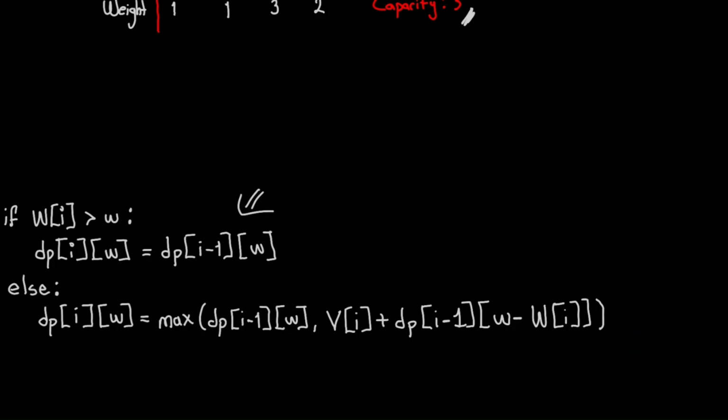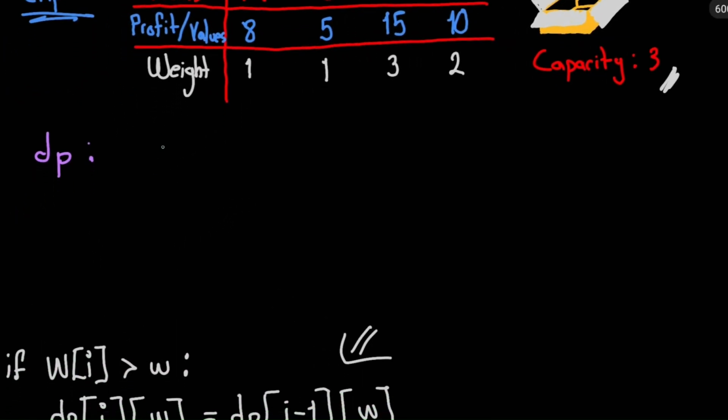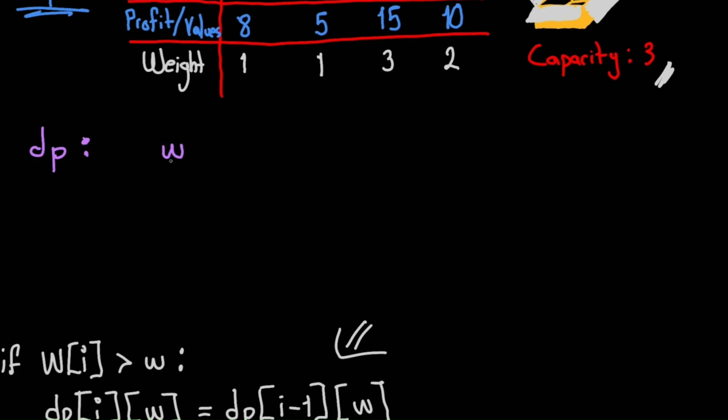So let's start then. To solve this, we create a DP table. By the way, when we are using dynamic programming, we are creating a table, and most of the time we call this table DP. We have the current capacity as our columns and i, which indicates the current item, as our rows.